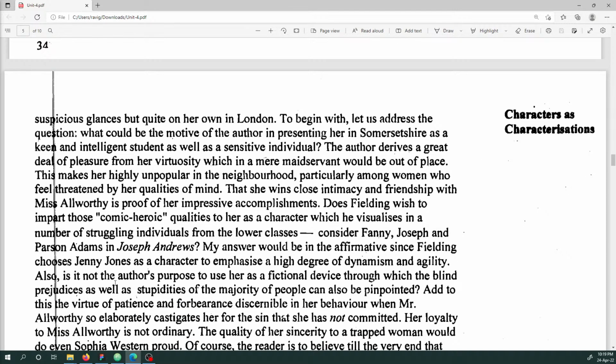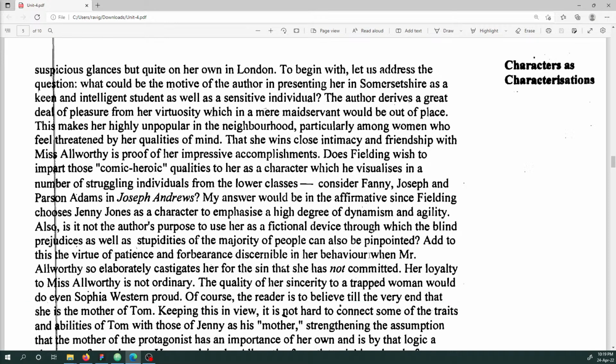Also, is it not the author's purpose to use her as a fictional device through which the blind prejudices as well as stupidities of the majority of people can also be pinpointed?